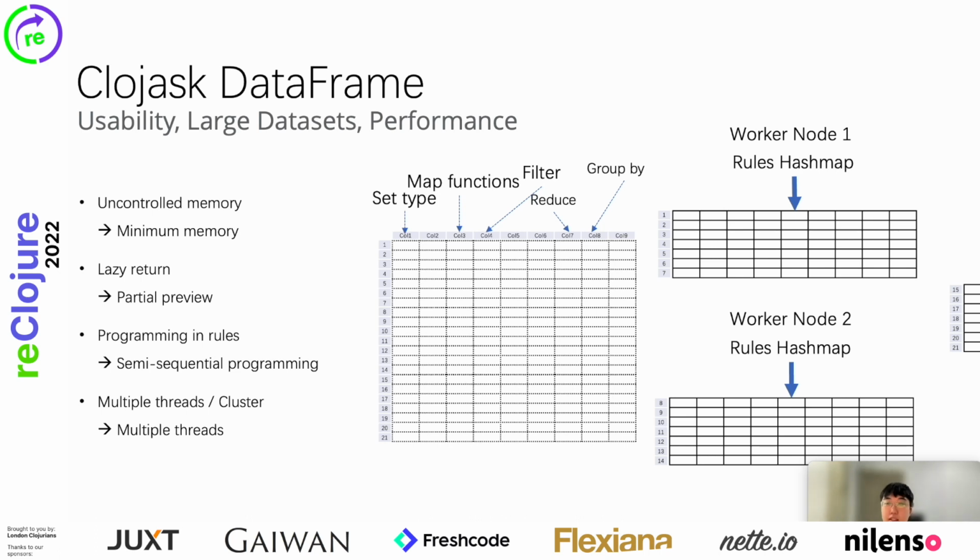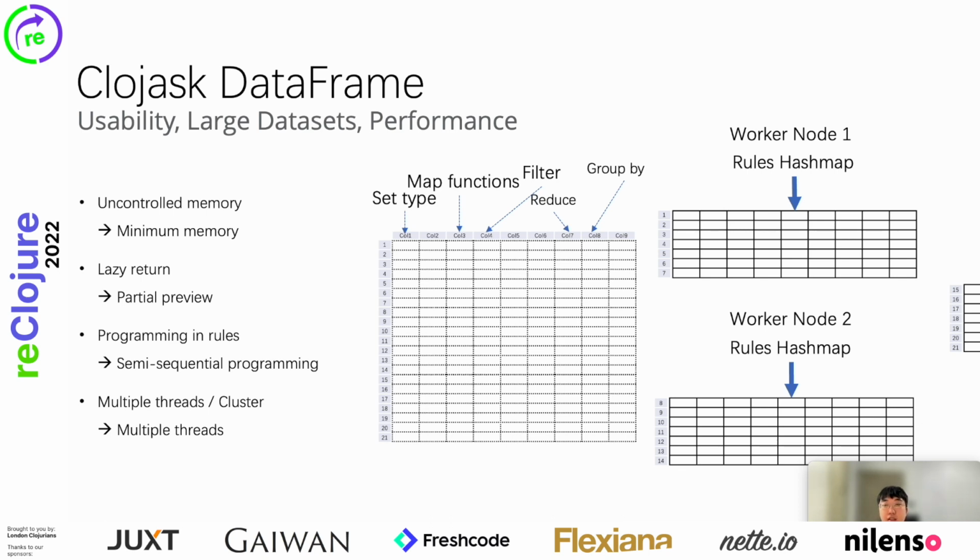So instead of an uncontrolled memory strategy in a distributed data frame, Clojask will use the minimum memory in all of the computation steps. For example, if you are just running a row-wise operation, then Clojask will only load a few rows needed at a time in memory. So it will traverse the dataset as a stream to support a really large dataset.